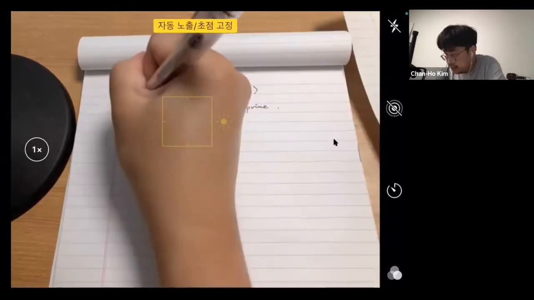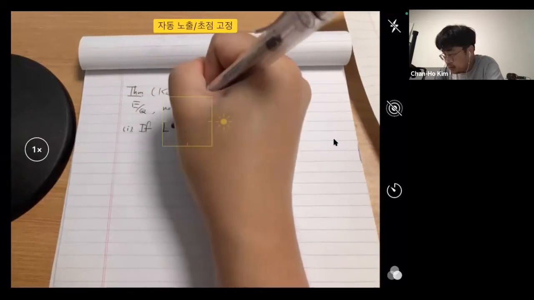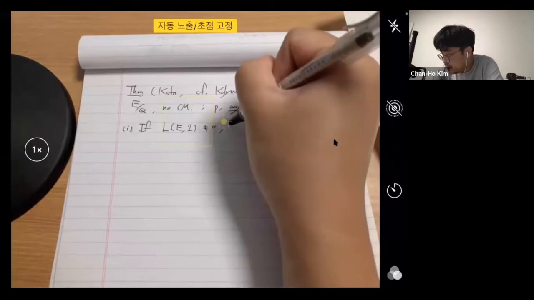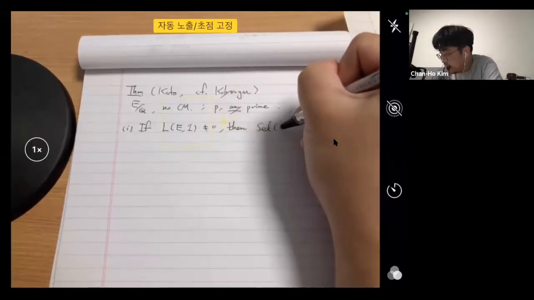The first statement is that if the L-value doesn't vanish, then not just the Mordell-Weil group, but the Selmer group is finite.